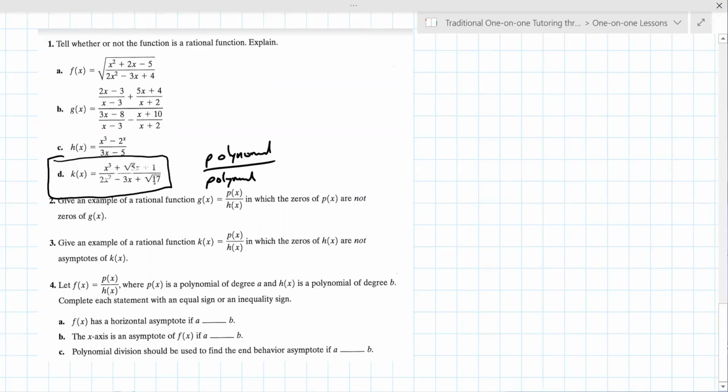And the square root of 17 is irrelevant. But A is not because of the square root. C is not because it's got a number to a power. Okay.